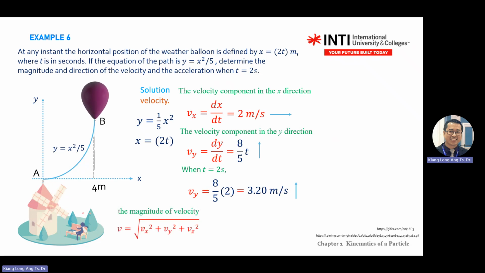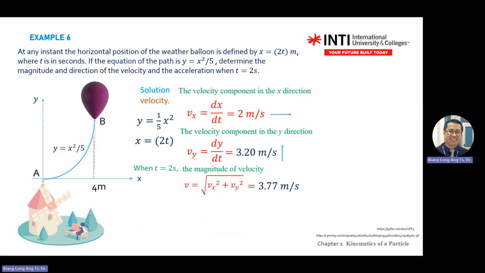So again, square. You substitute, you get 3.77 meters per second. This is the magnitude. Direction. Okay.